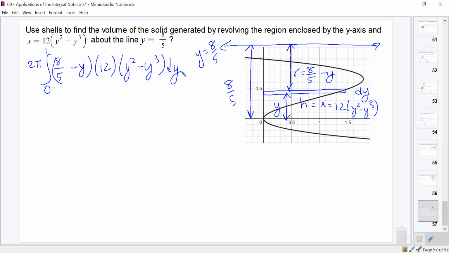And just for the heck of it, since we haven't done one in a while, and this is the last problem we're going to do for this year, might as well evaluate this one. We can pull the 12 out and make it a 24 pi out in the front.